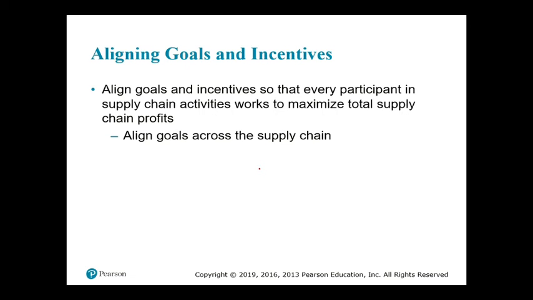For example, Walmart will pay HP, Hewlett Packard, for each printer sold, and this gives HP the power to make replenishment decisions while also considering the revenue generated by Walmart.